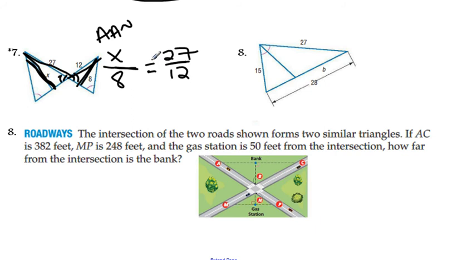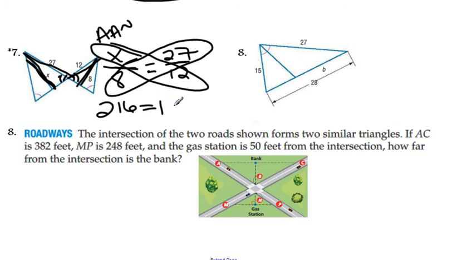So cross multiplying, I get 8 times 27, which is 216, and that equals 12 times x, which is 12x. Divide both sides by 12, I get x equals 18.